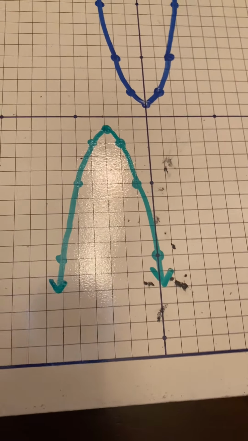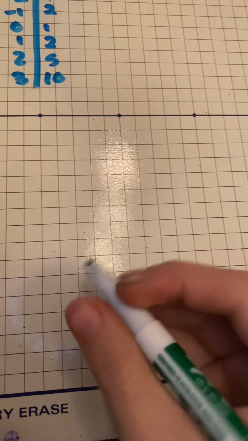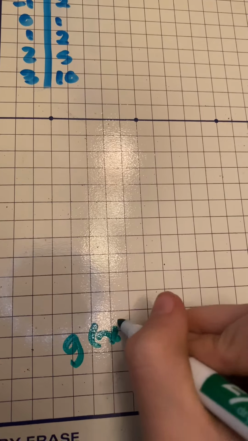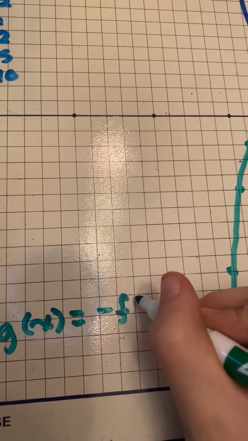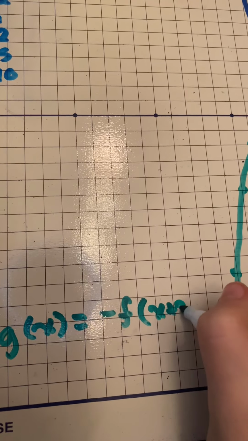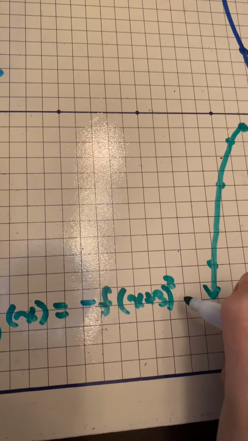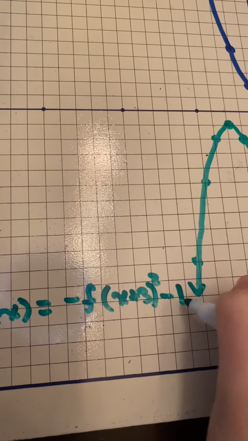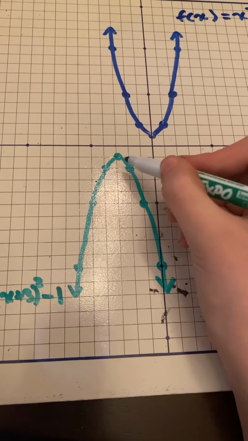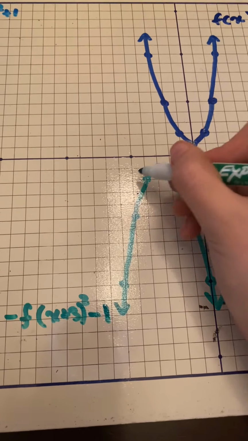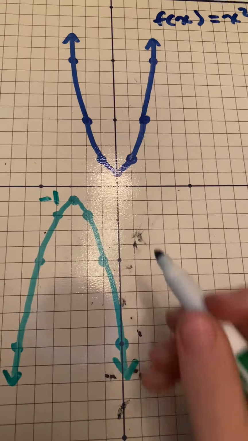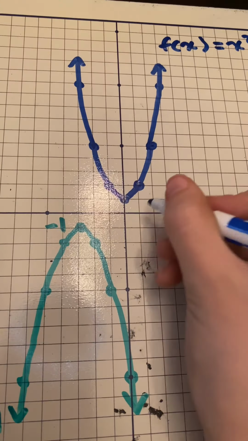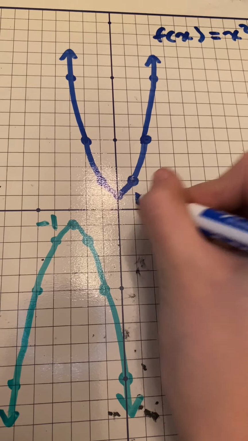It's also continuous, and we can label this with your g of x, which equals -f of (x plus 3) squared, minus 1. So we can see how your maximum point is -1, and here your minimum point is +1.